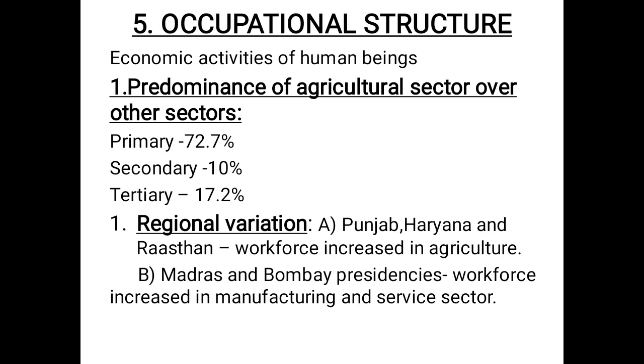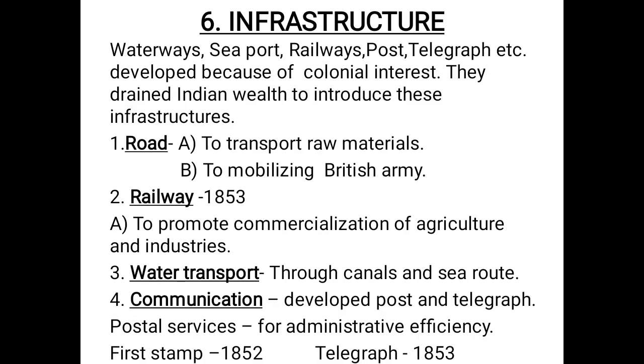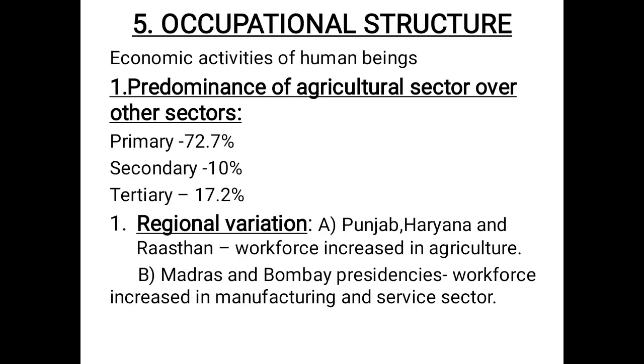But in the Madras and Bombay presidencies, most people were engaged in the secondary and tertiary sectors. The secondary sector is also called the manufacturing sector, and the tertiary sector is also called the service sector. So this is all about occupational structure.